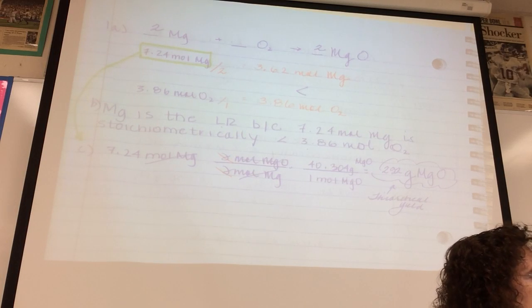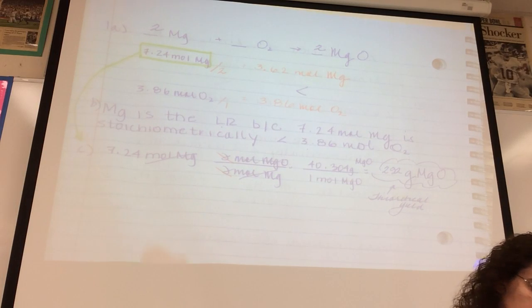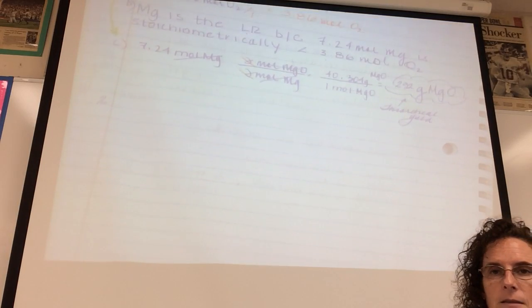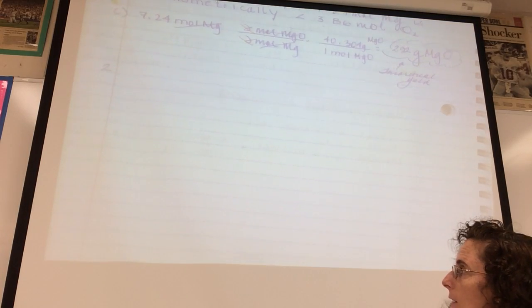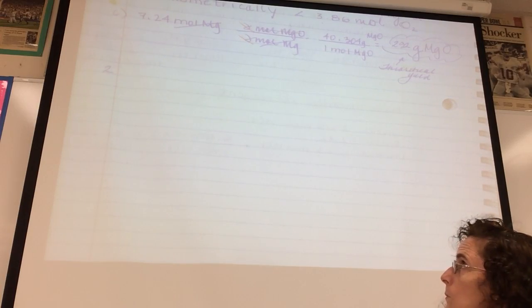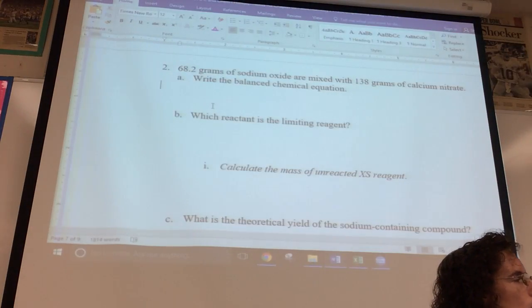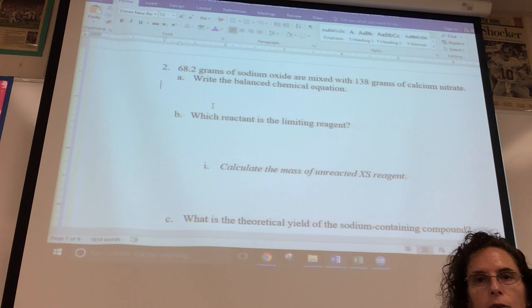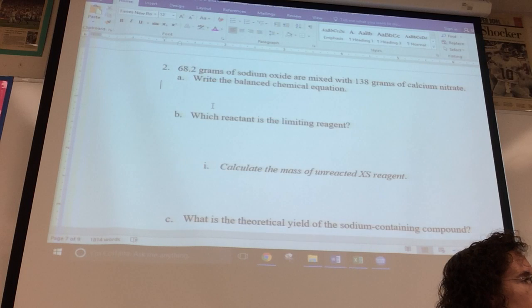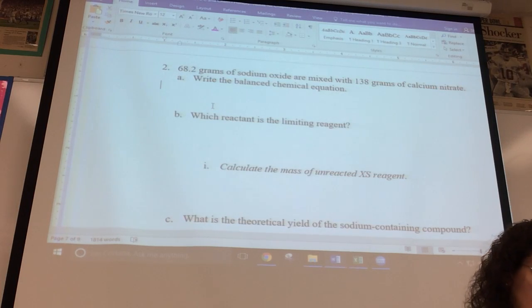So in regard to number 2, this is similar with one key difference. You're given mass. So let's take a look here. It says 68.2 grams of sodium oxide are mixed with 138 grams of calcium nitrate. Write the balanced equation. Raise your hand and help me.